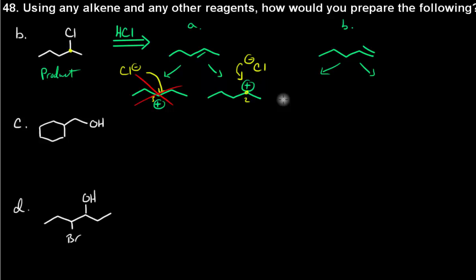We're going to get one intermediate where we have the positive charge on carbon 2, or we could also get an intermediate where we get the positive charge on carbon 1. Thinking about carbocation stability, this carbocation is secondary, this one is secondary, this one is secondary, and this one is primary.